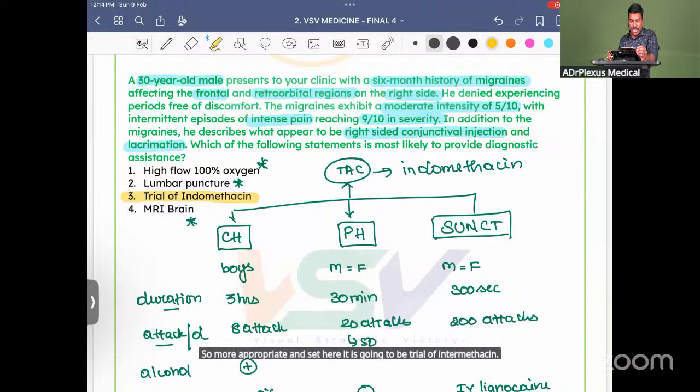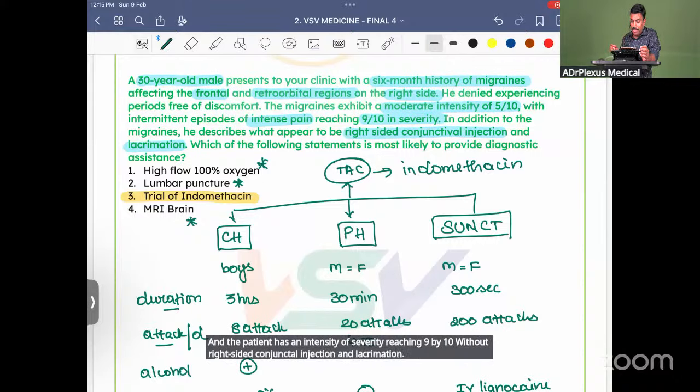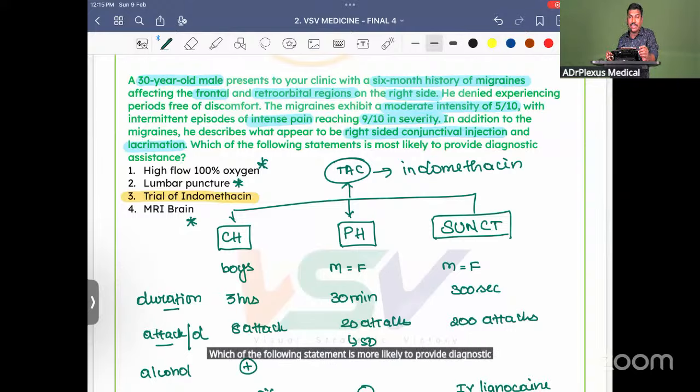So one person answered MRI brain. For example, if you do MRI brain and it is normal, is it going to be diagnostic in this patient? No, right? So MRI brain is not going to be diagnostic for this clinical feature.